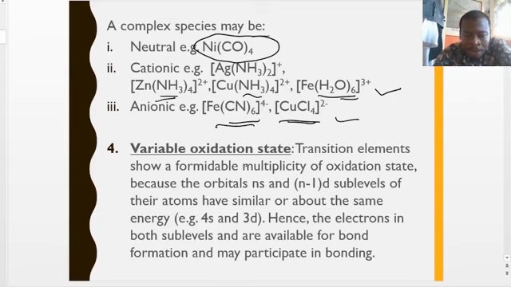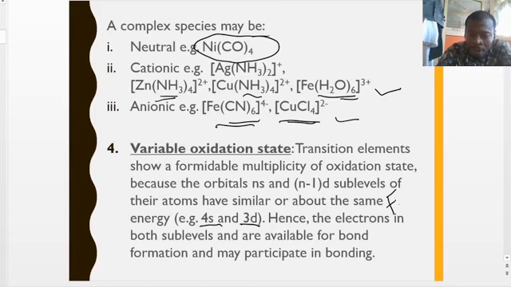Then the fourth one is the variable oxidation state. Transition elements show formidable multiplicity of oxidation states because the ns and (n-1)d sub-orbitals of their atoms have similar or about the same energy level. So what are we talking about here? The reason why transition metals can have variable oxidation states is just because of the closeness between the 4s orbital and the 3d orbital. You are going to see some of these transition metals having more than one oxidation state.